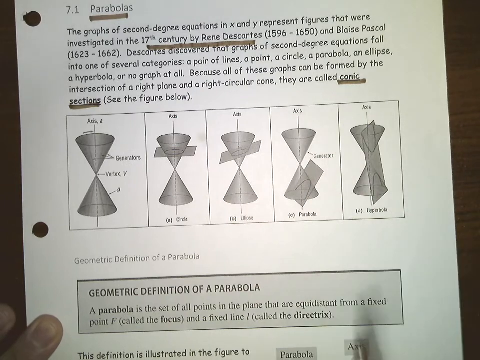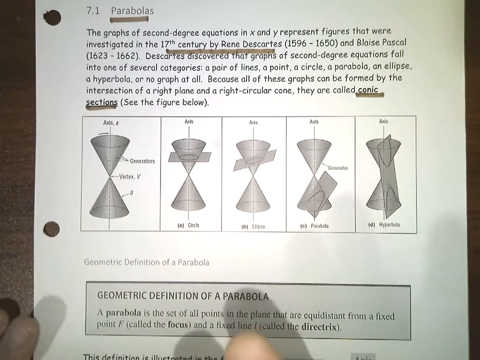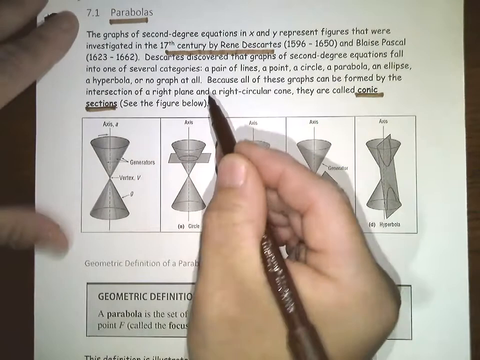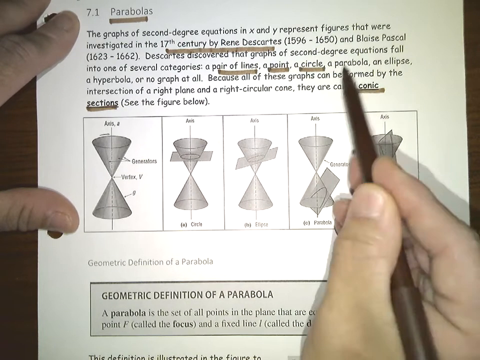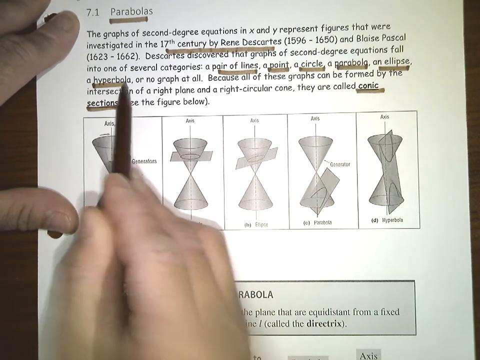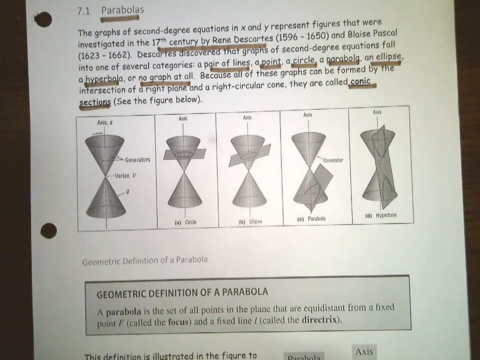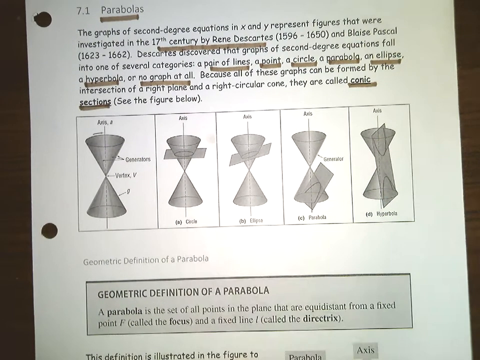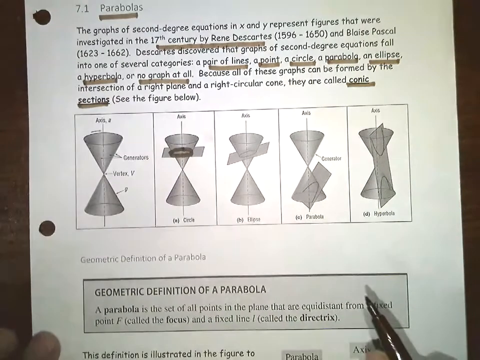And the different types of ways that he categorized these conic sections, you could see here: a pair of lines, a point, a circle, a parabola, an ellipse, a hyperbola, or just having no graph at all. The first one here is a circle, and I don't know how well you can see the outline, but there's the circle.